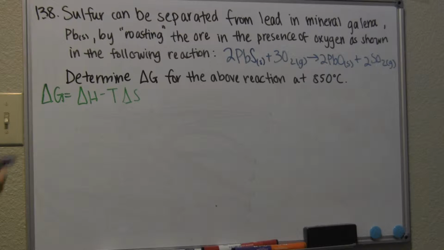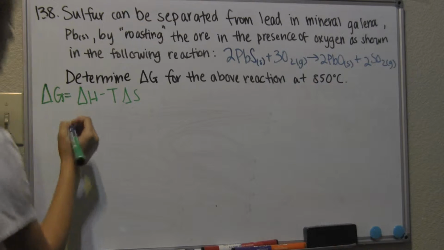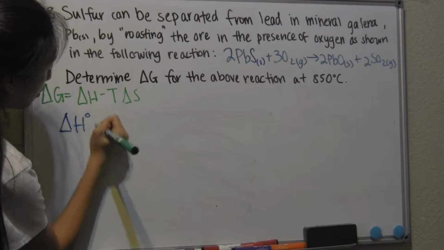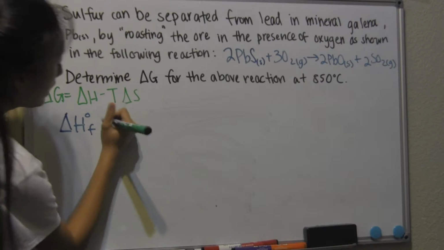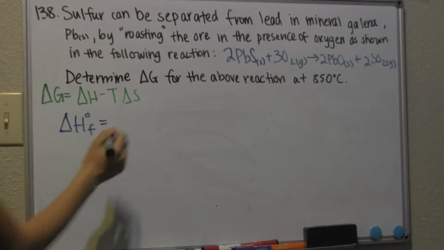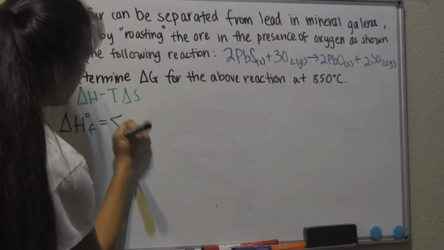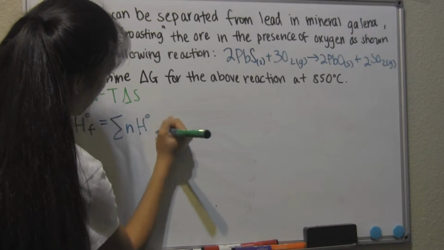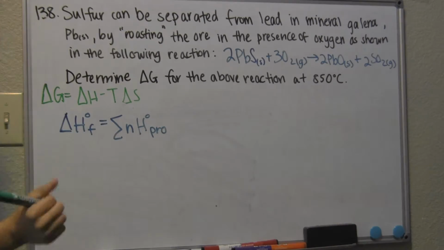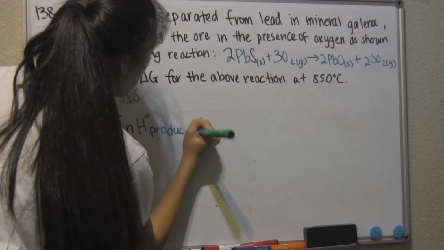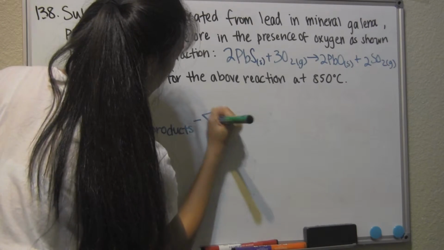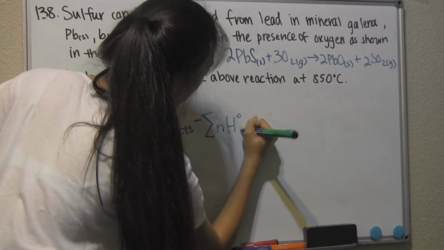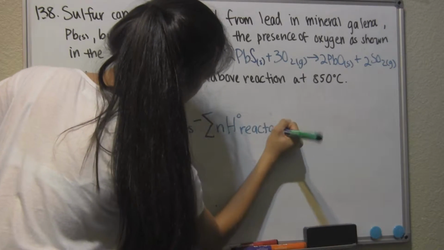And now we can calculate for delta H. So using the values that we had on that little chart, we can solve for delta H by doing the summation of the number of moles times delta H of products minus the summation of number of moles times delta H of reactants.